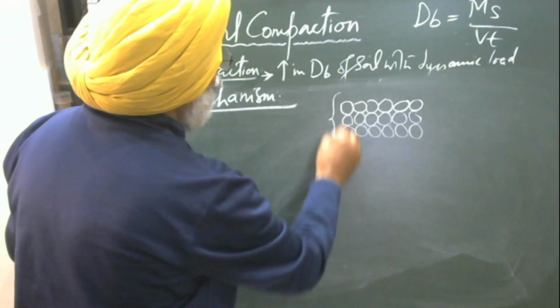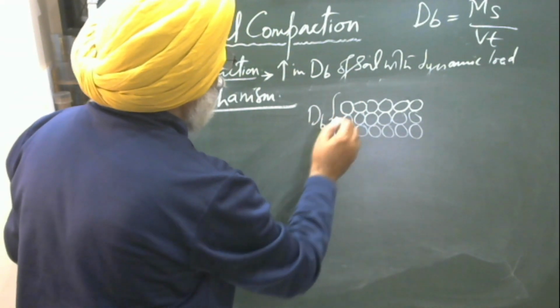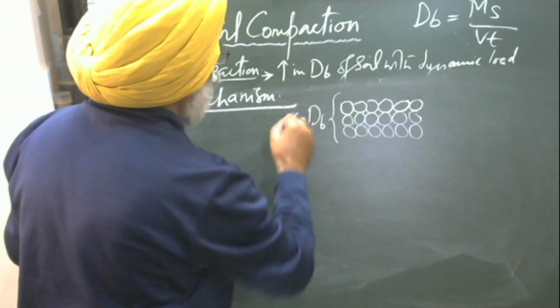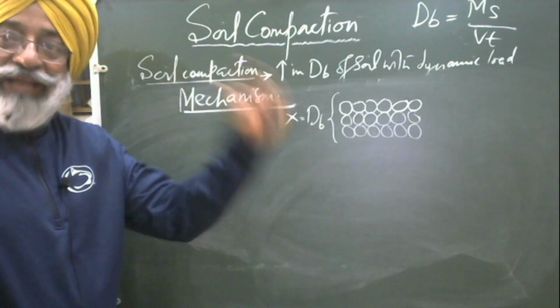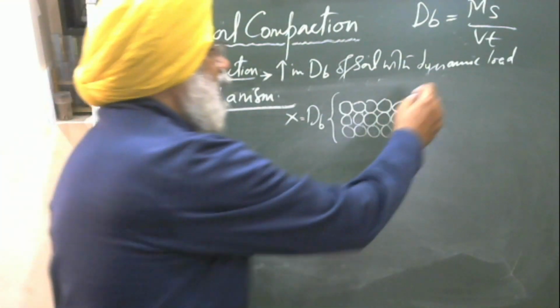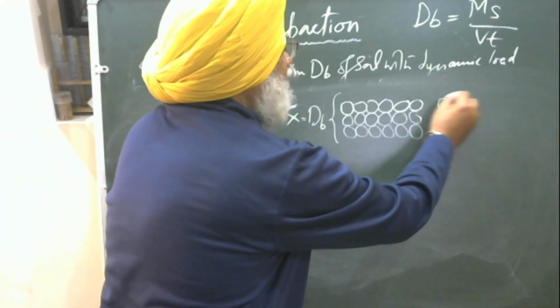It will have a certain bulk density, say X. When I compact this soil, maybe the packing system changes.